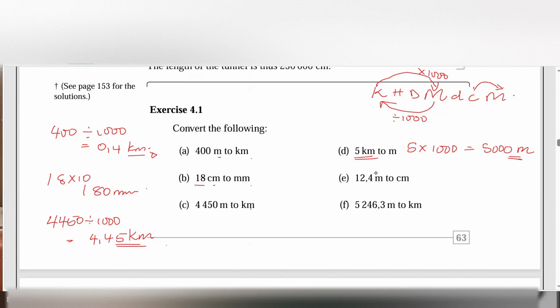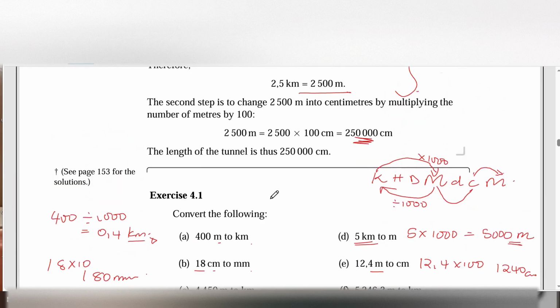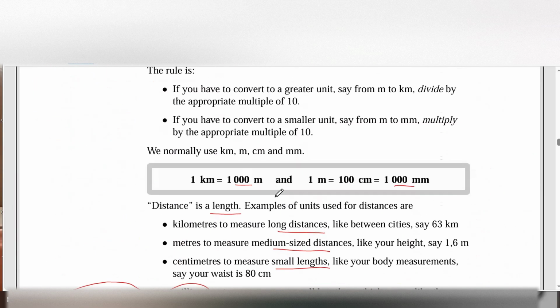And then 12.4 meters to centimeters. From meters to centimeters, it's by 100. So 12.4 times 100 becomes 1240 centimeters. And then lastly, we have meters to kilometers. We divide by 1,000. So it's 5.2463 kilometers.